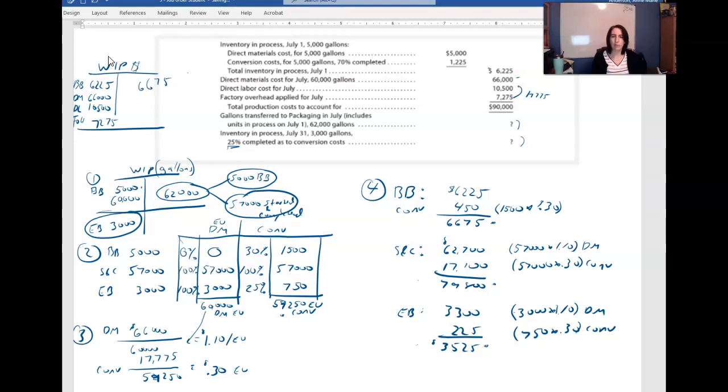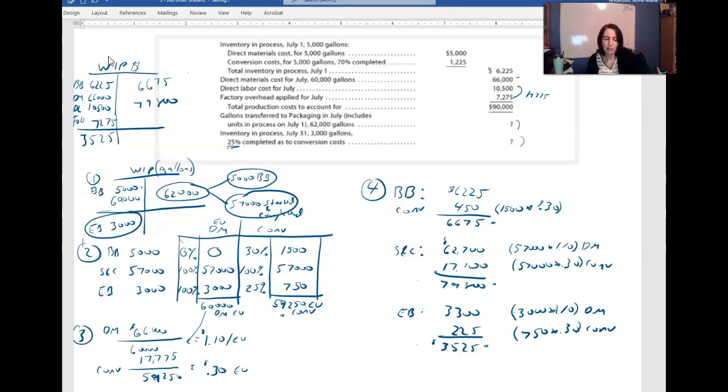That was for the first ones we finished. 79,800 went to the next process, right? That's from here. So if I were to add up this side, subtract these guys, I should wind up with a total of $3,525. I'll let you check my math, but I'm pretty sure it's right.